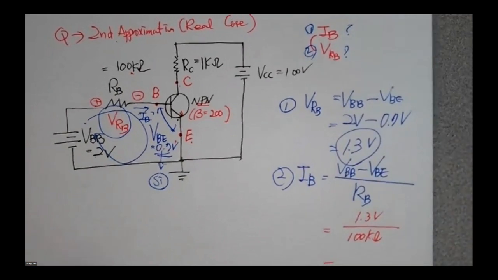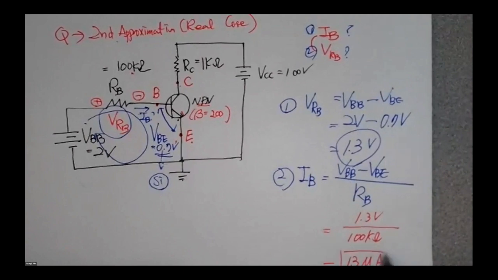So using the calculator, 1.3 divided by 100K gives 13 micro amp. Very small.